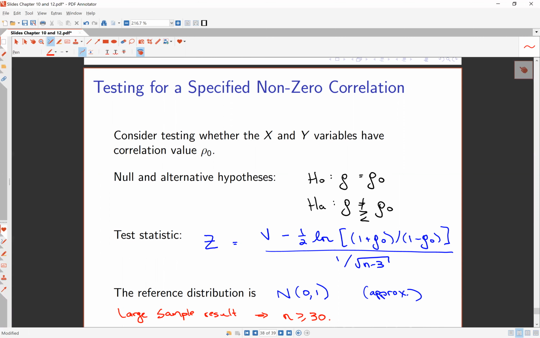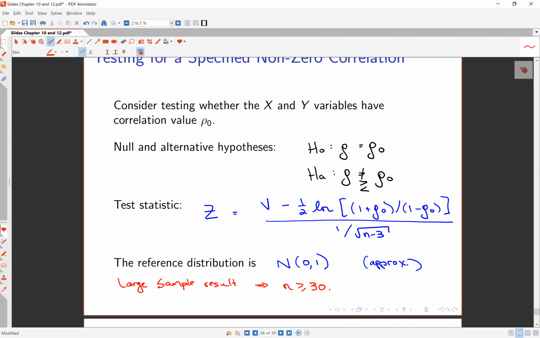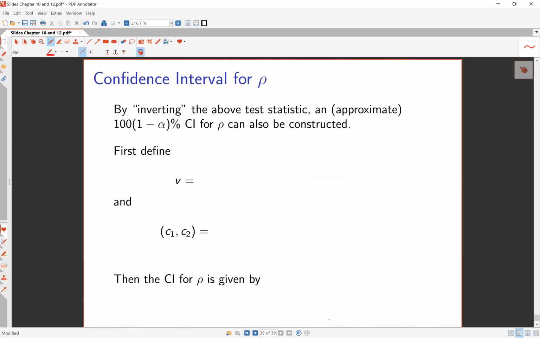Of course, we can adapt the same procedure to construct a confidence interval. And the way we do that is we calculate little v. That's the same transformation we've just seen, but using our sample correlation coefficient.